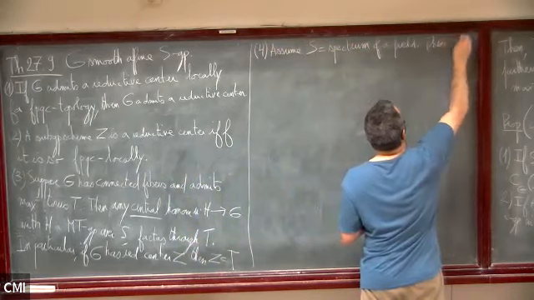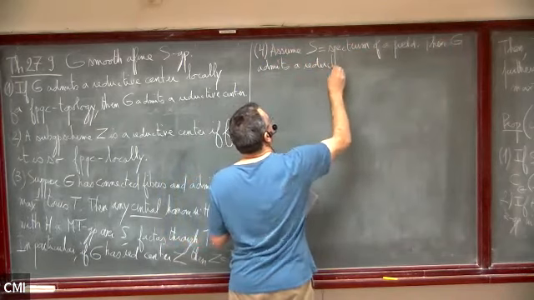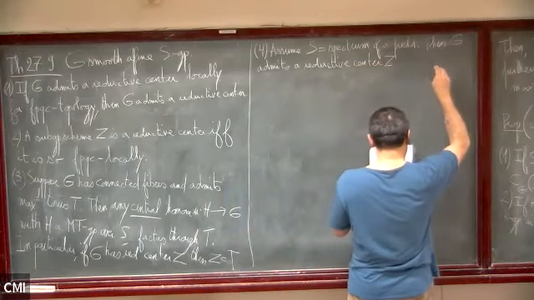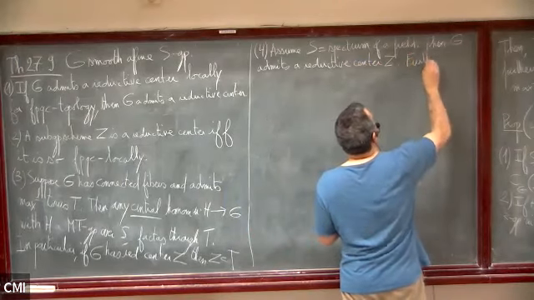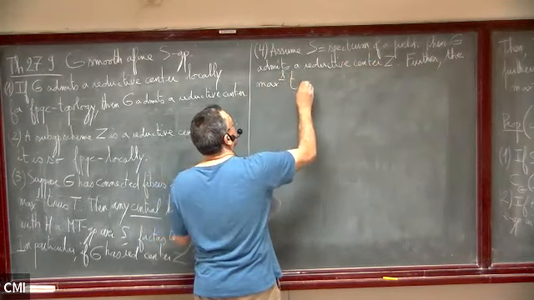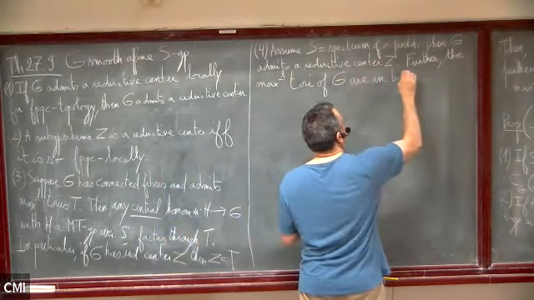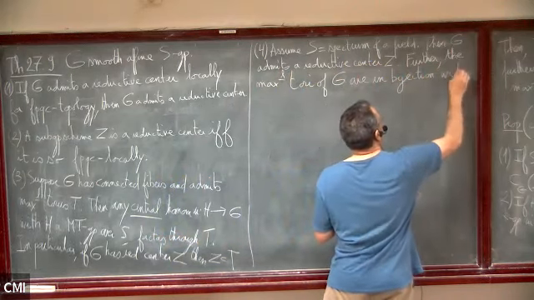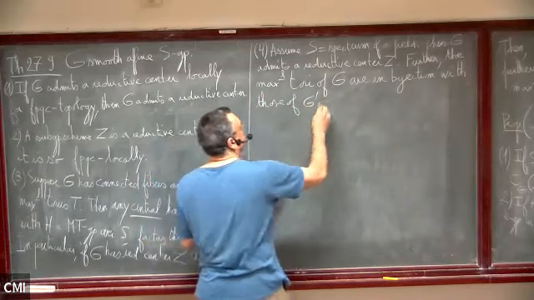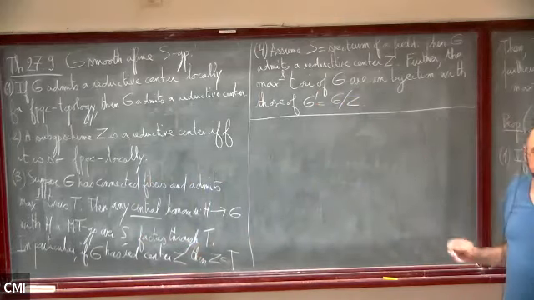Then G admits a reductive center Z, and further, the maximal toroids of G are in bijection with those of the quotient group T prime. Okay, so let me try to prove this today.